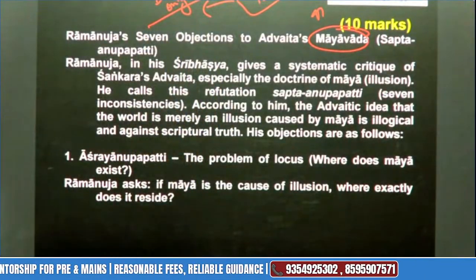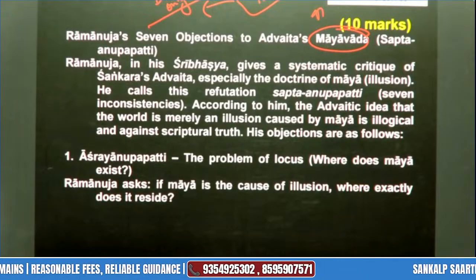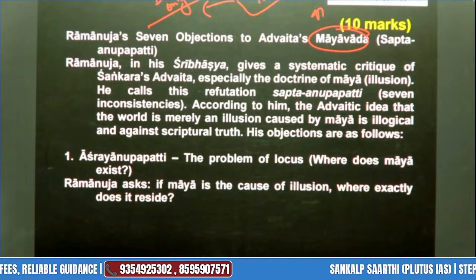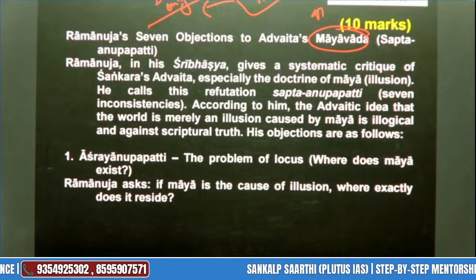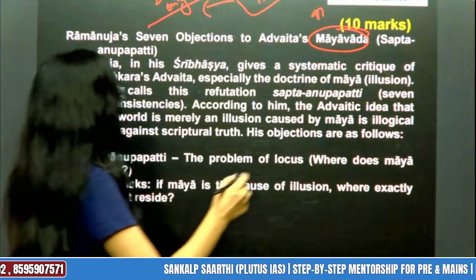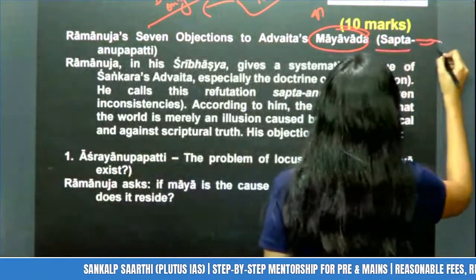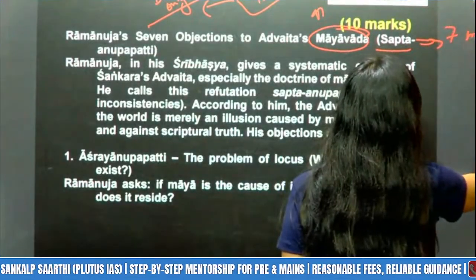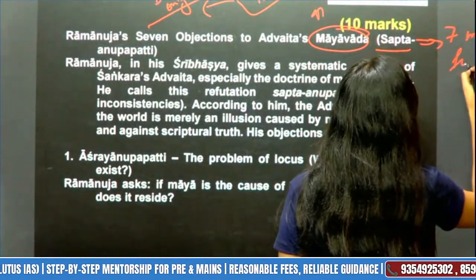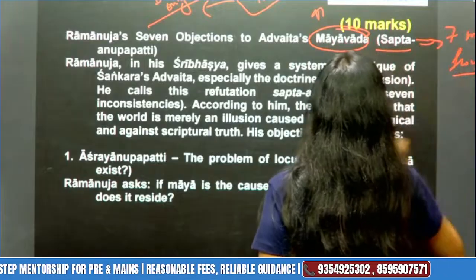Ramanuja replies to this that the theory has 7 major flaws, which is Saptanupapatti. You have to write all those flaws one by one with examples.